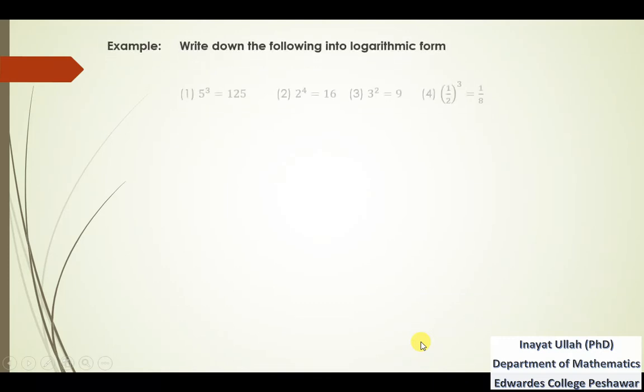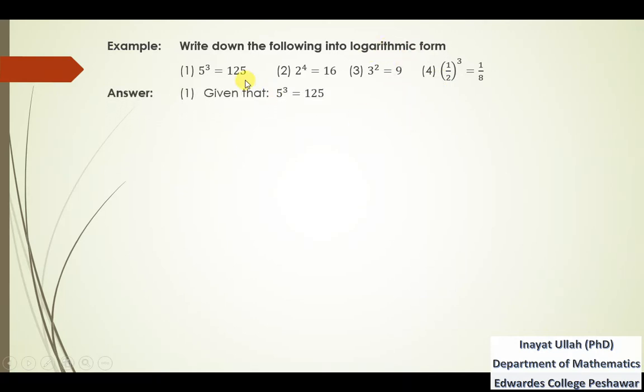That is an example. Write down the following into logarithmic forms. Just look here, we are given exponential forms in these questions, and we are going to convert these exponential forms into logarithmic forms. So the first one is 5 cube is equal to 125.